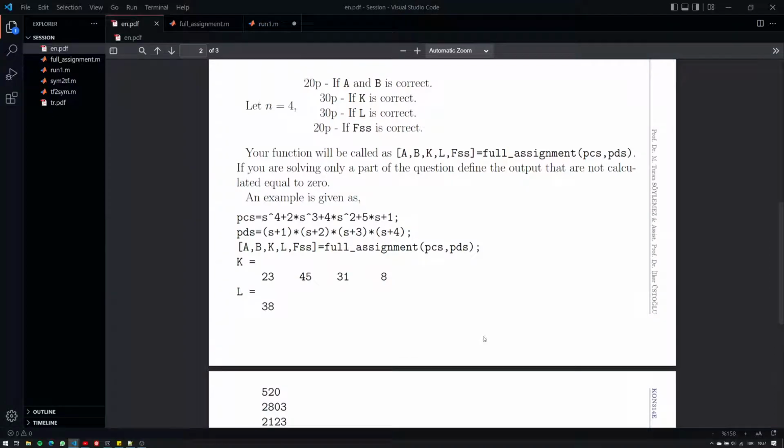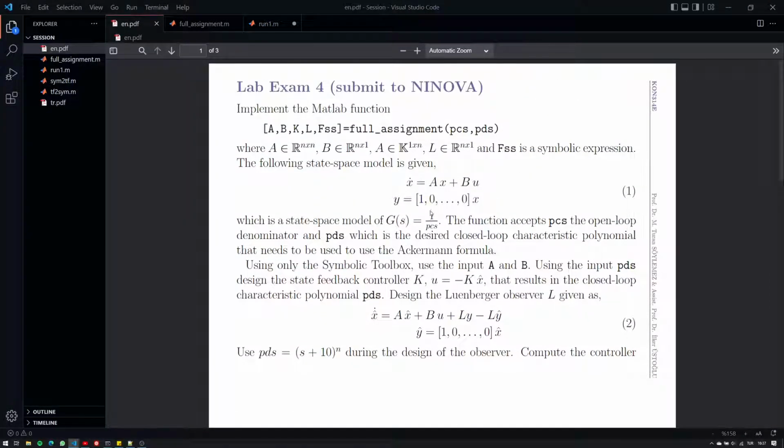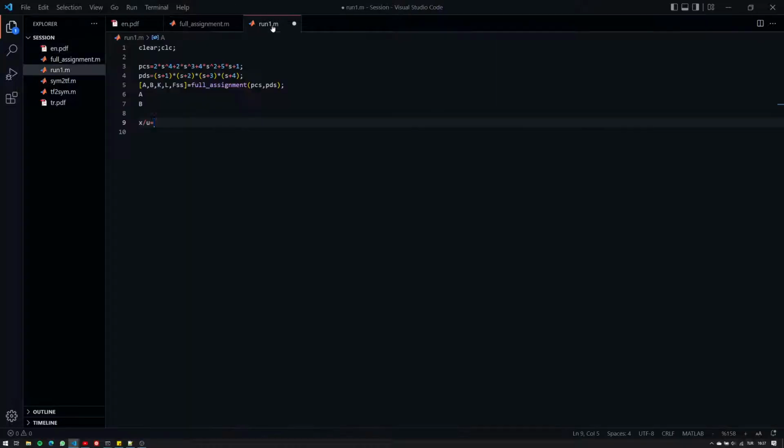Therefore, it is already given in 1 divided by PCS here. So it is all about A and B, and we have an output matrix already defined. So now, if we have 1 divided by PCS, it will be equal to 1 divided by this. And if I cross multiply the terms, I'll get basically this times x equals u.